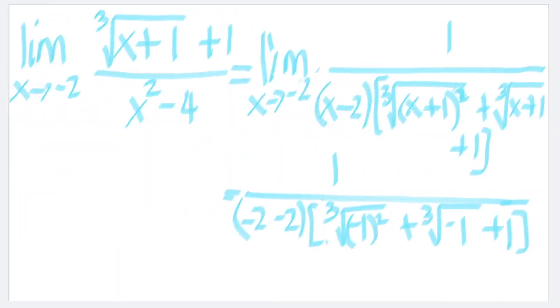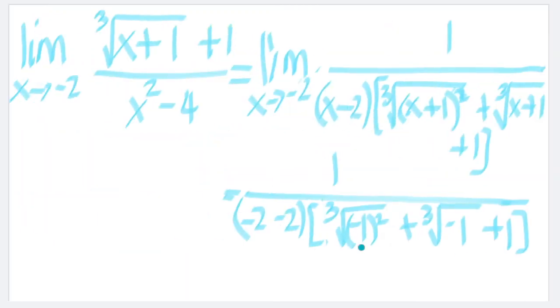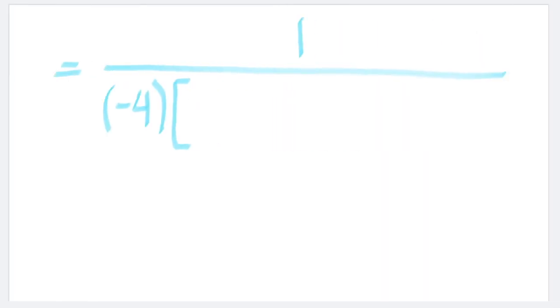Simplifying, that is equal to negative 2 times negative 2 minus negative 2, that is negative 4, multiplied to cube root of, this is 1 squared, this one will become 1, so cube root of 1.